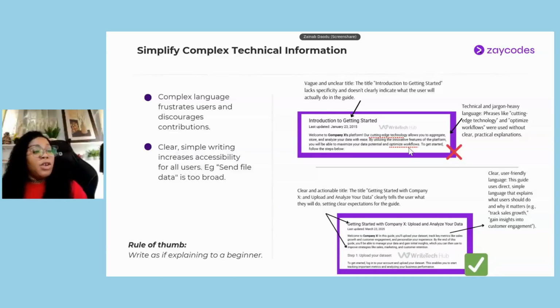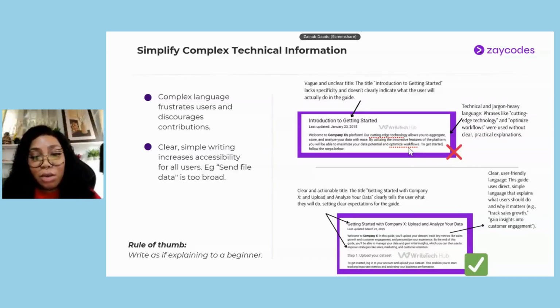For instance, in the old documentation, in the intro, we had things like "cutting edge technology" and "optimize workflow," big grammar, which looks good at first point maybe to marketing, where they say, oh yes, we have this cutting edge technology.